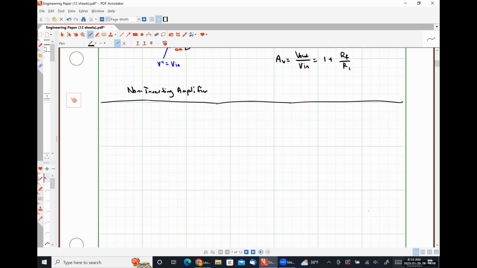So let's look at our third configuration. So this circuit is going to look incredibly similar to our inverting amplifier, but there's going to be a subtle change. Let me make this slightly larger here. So here we have our feedback resistance, RF.